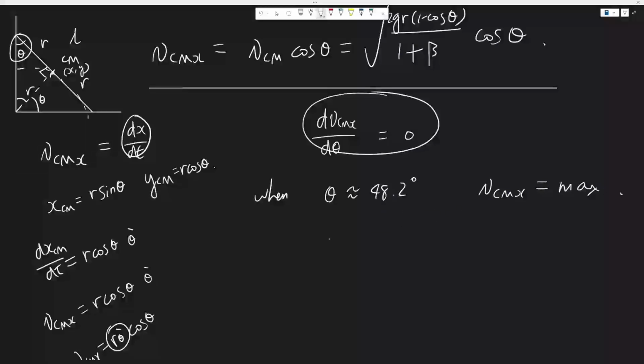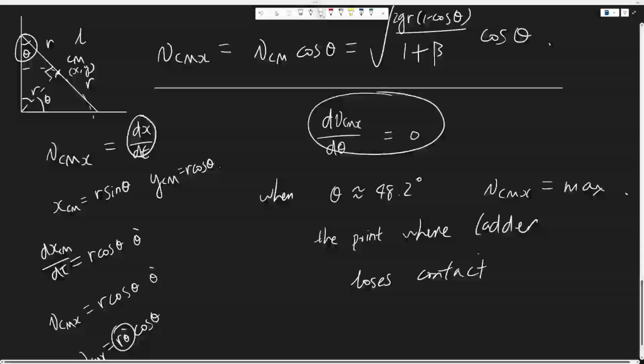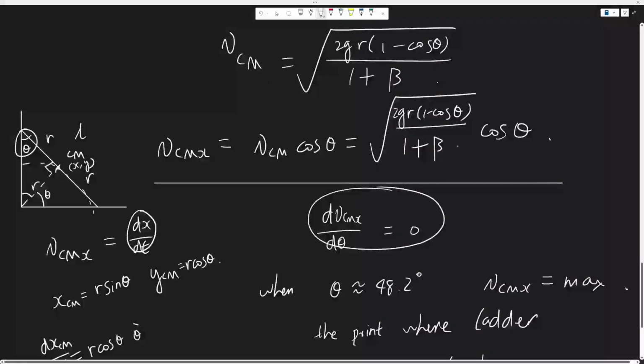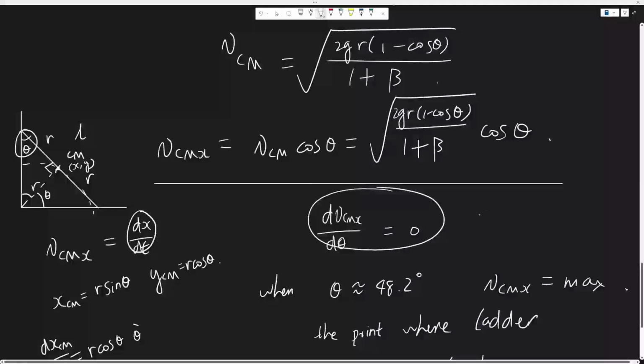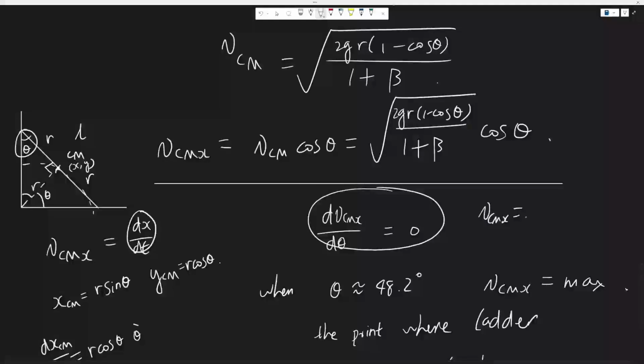And as aforementioned, this is the point where the ladder loses contact. Also, just a little technique when you're using the calculator: we know that this part is constant, so we can rewrite vcmx as 2 g r over 1 plus beta, times the square root of 1 minus cosine theta, times cosine theta.